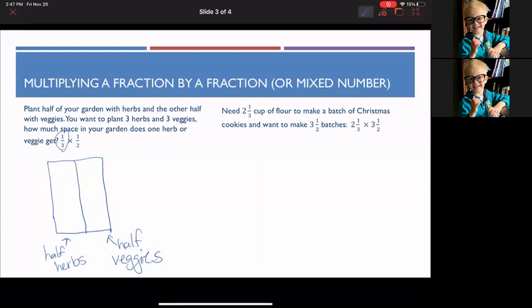And now I want 1/3 of my half, so I want to take each half and cut it into thirds. One herb or one veggie gets 1/3 of a half. Cut your half into 3 equal pieces, and that equals 1/6 of the whole, 1 out of 6 pieces here.